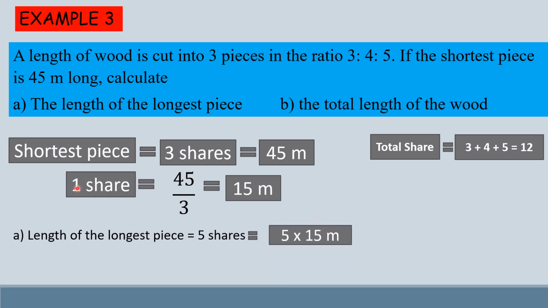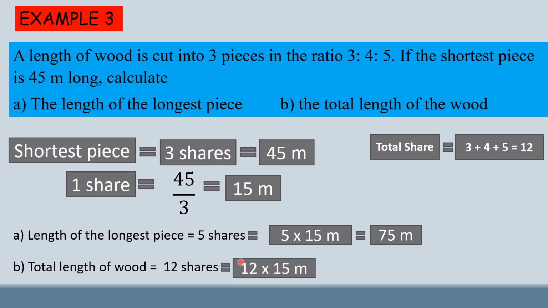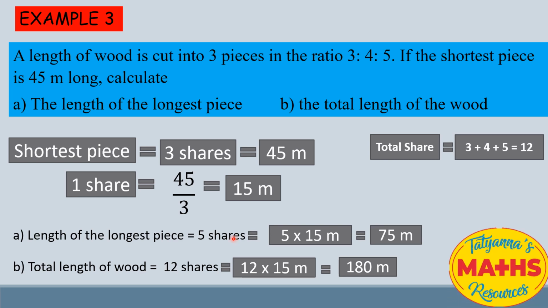Remember, we just said 1 share is 15 meters. And that will give us 75 meters. B, the total length of the wood. Now we worked out the total share, 12. So we're going to multiply 12 by 15, which is going to give us 180 meters. So the length of the wood is 180 meters.